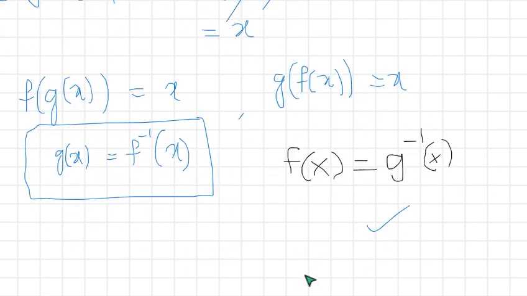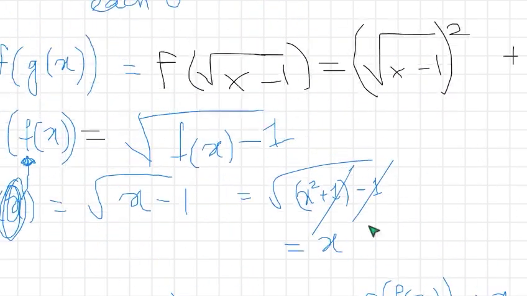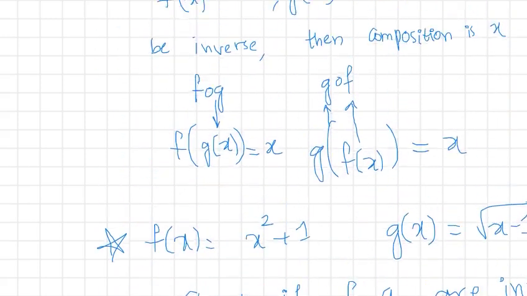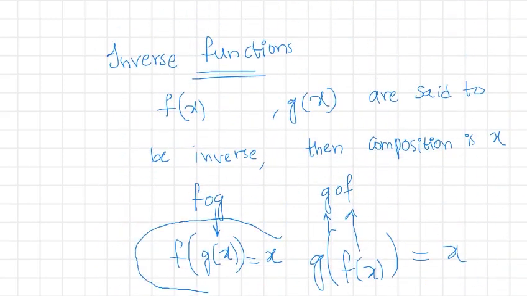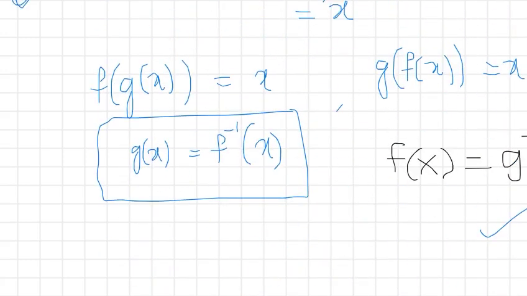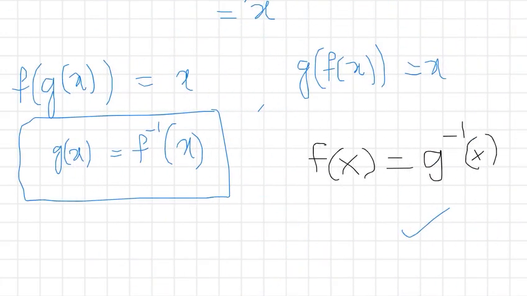Okay. So what did we say? Check if f and g are inverses of each other. So you have to check for both conditions, f of g of x and g of f of x. Both conditions, if they become x, then it is valid. Fine. So that is the thing.